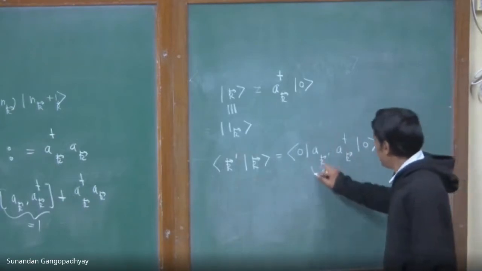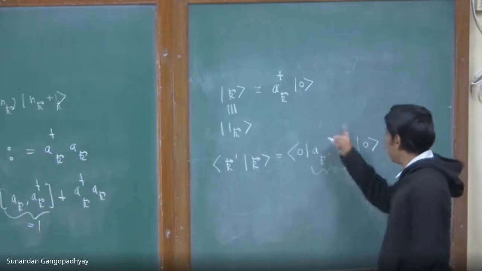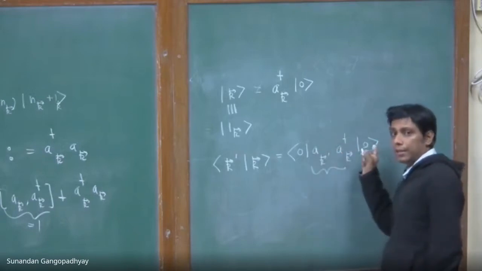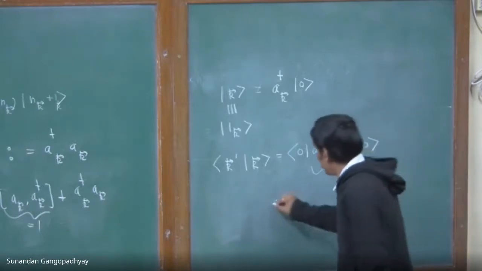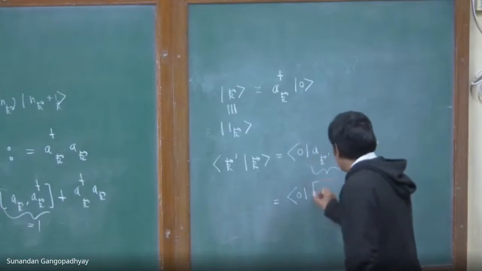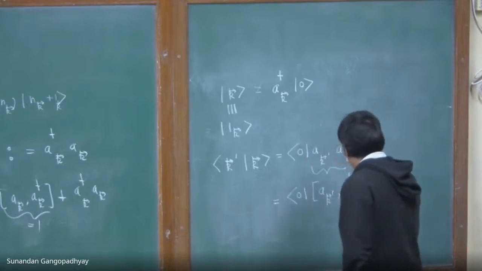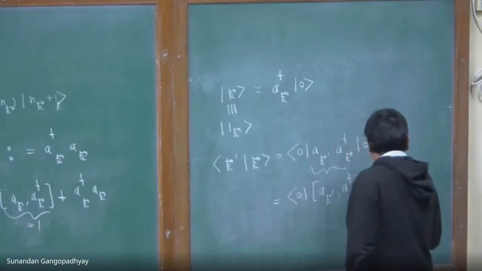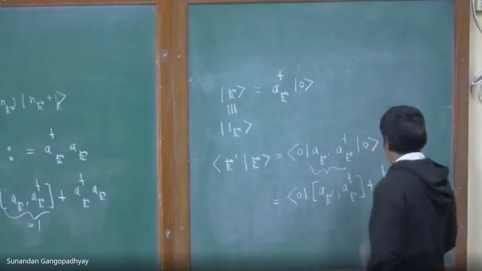But now we would like to bring the annihilation operator to the right side, because we know the annihilation operator acting on the vacuum on the right gives you 0. So for that, we have to use the commutation relation. So you can write this as a_k', a dagger k commutator plus a dagger k a_k' acting on the vacuum.